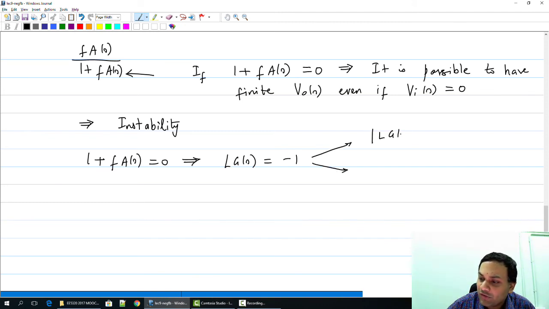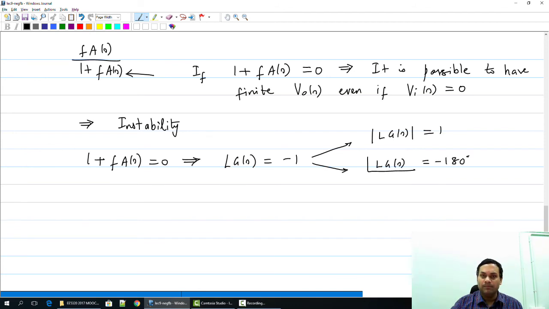The magnitude of the loop gain should be exactly equal to 1, and the phase of the loop gain should be -180 degrees. If these two conditions are satisfied, there is potential for instability in the system. So these are the two criteria that we are going to apply.